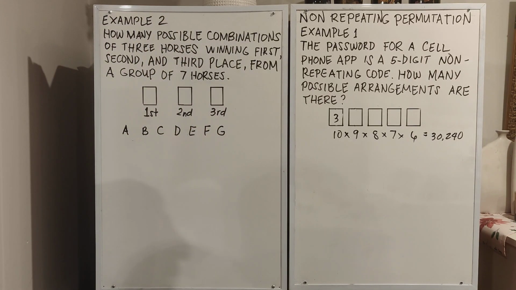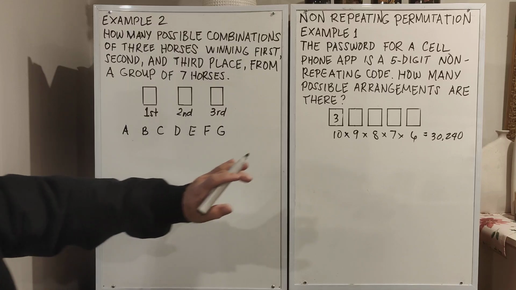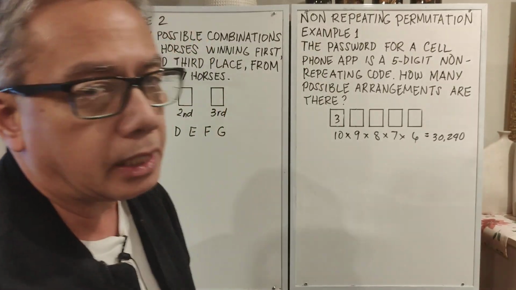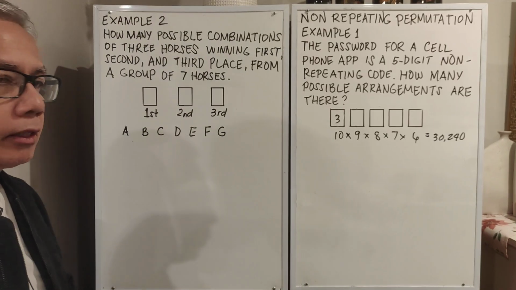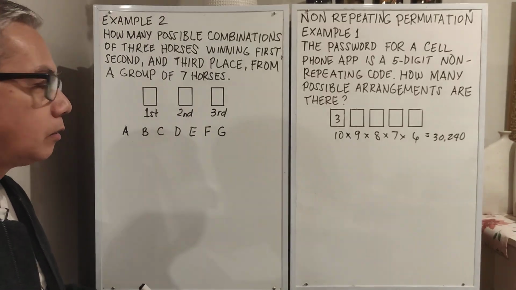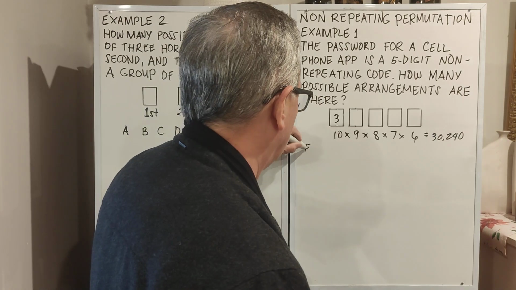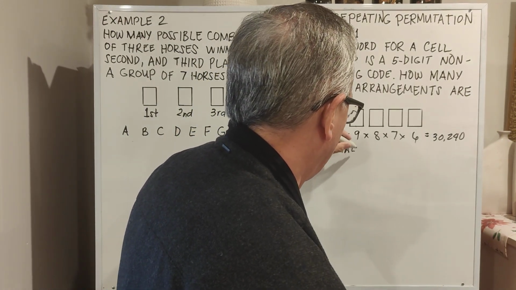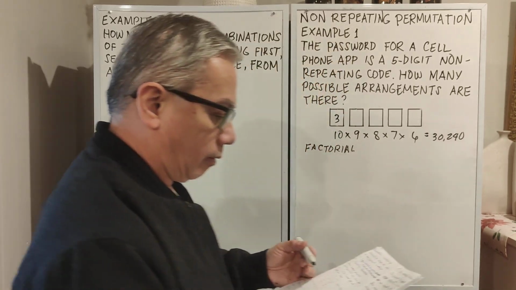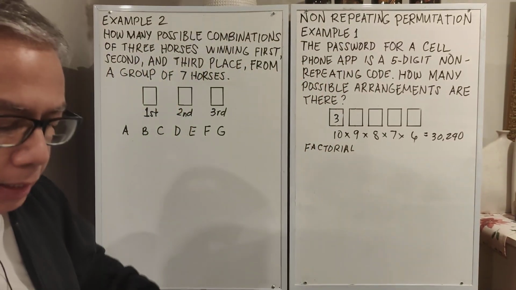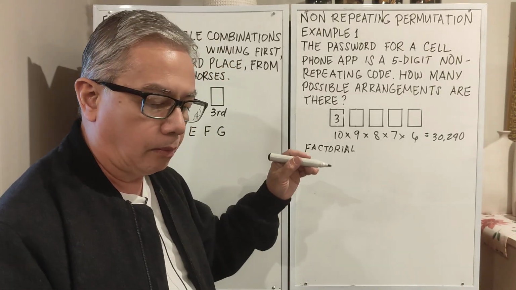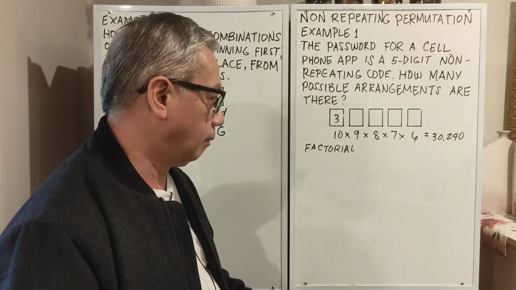Now, we would like to have a formula for non-repeating permutation, and I would like to introduce to you a new term, factorial. The factorial of a number is the product of that number and all the positive integers below it.